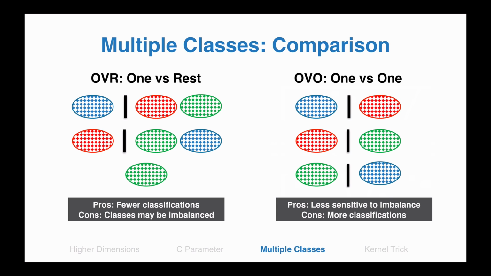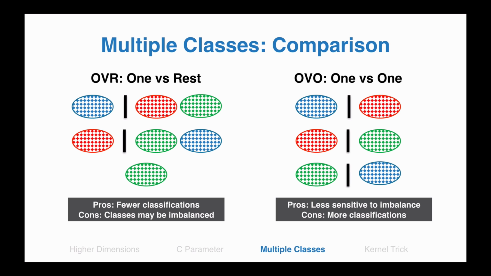For the OVO technique, if you were to classify every class against the other with 10 different classes, it's actually a combination of 10 take 2, which is 45 different classifications, which takes a very long time. But the pro to the OVO technique is that it's less sensitive to imbalance. Let's look at the OVR side.